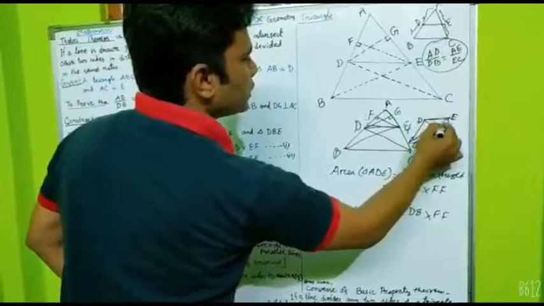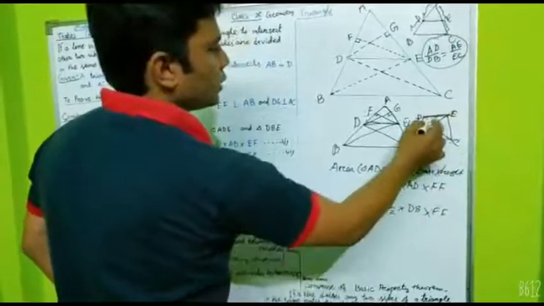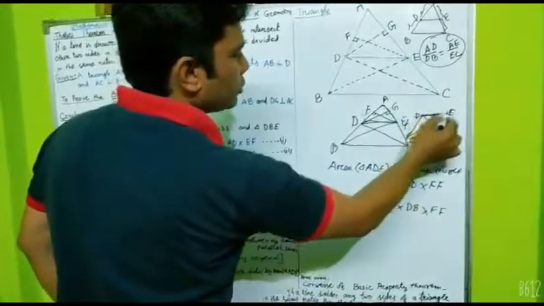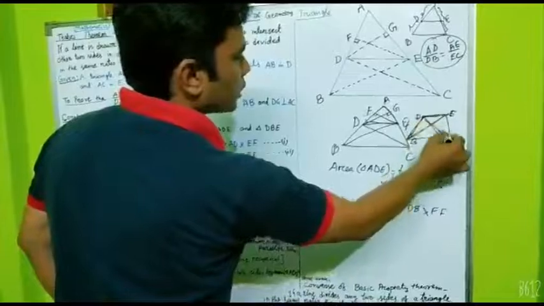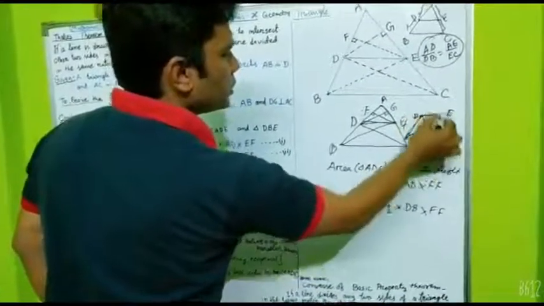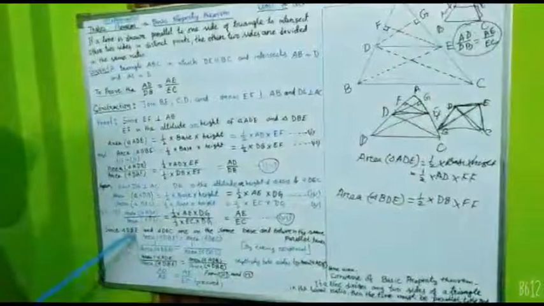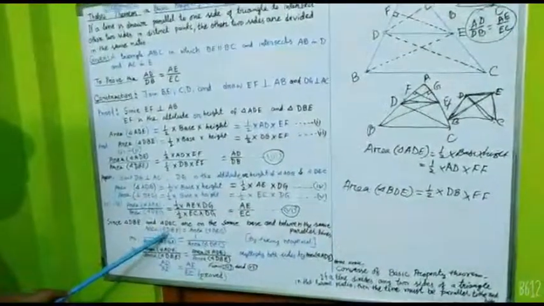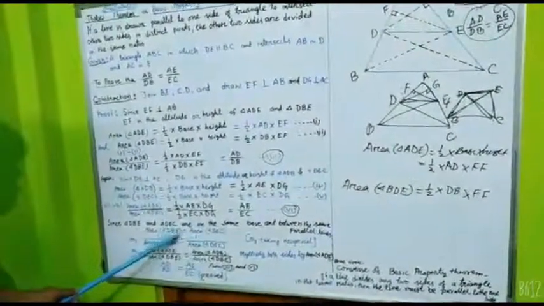So we know that in this condition the area of this triangle equals the area of this triangle. So the area of DBE is equal to the area of DCE. The area of triangle DBE is equal to the area of triangle DEC.